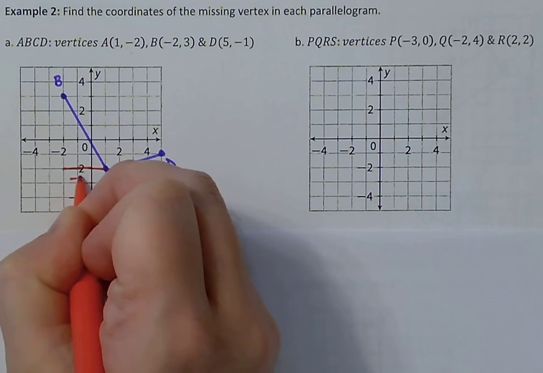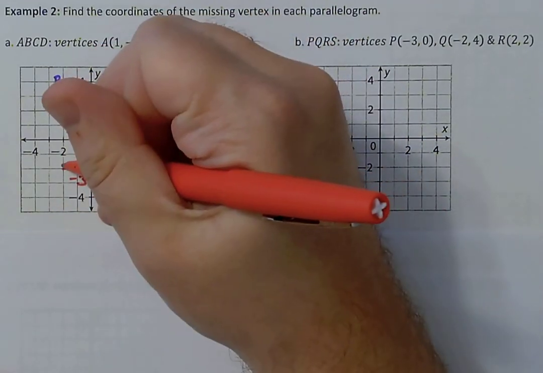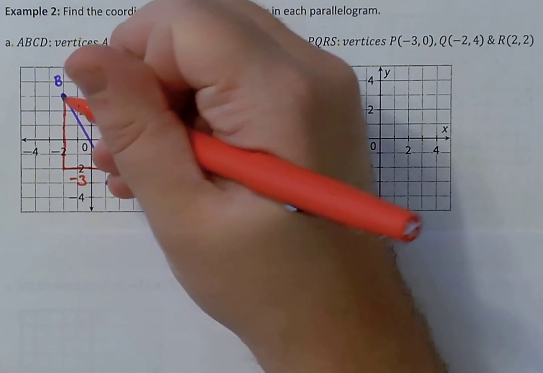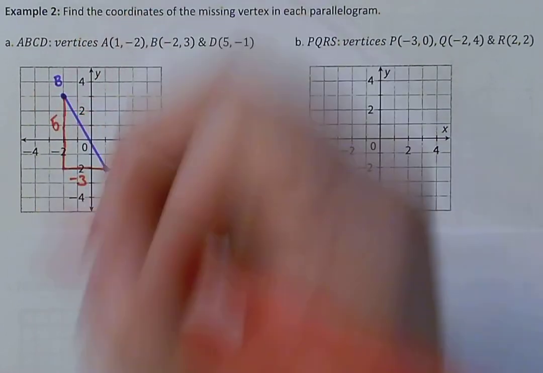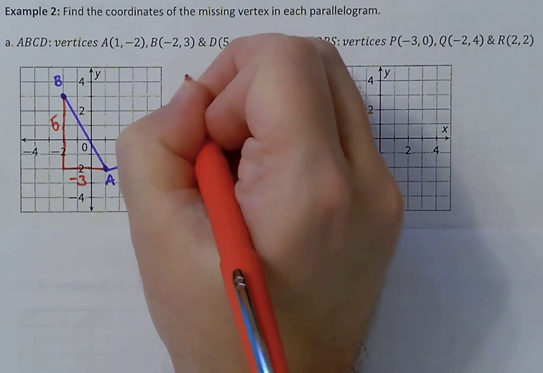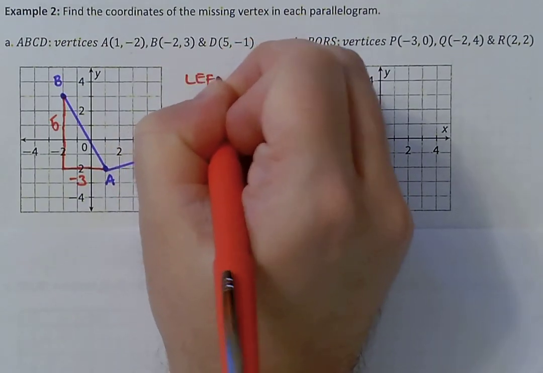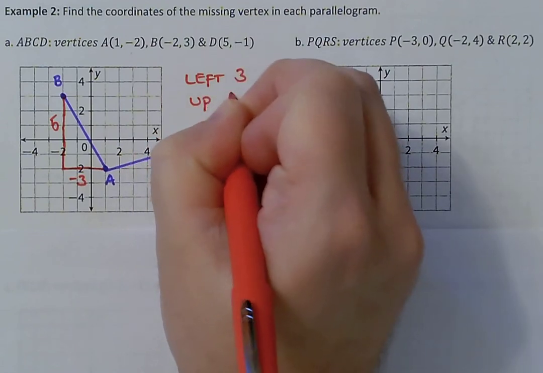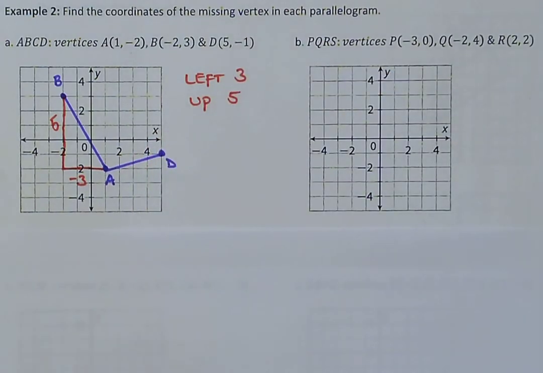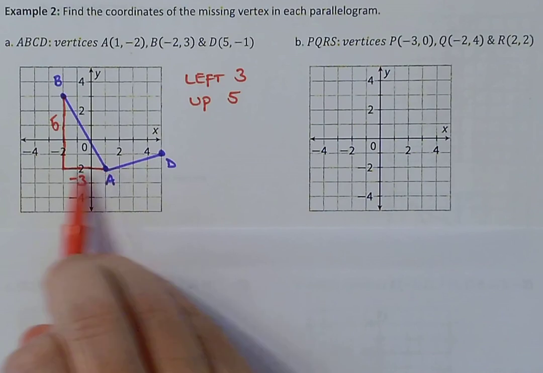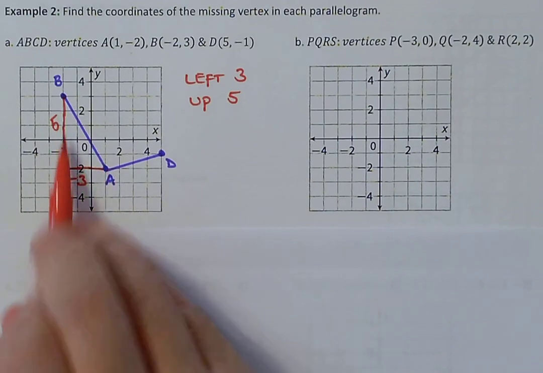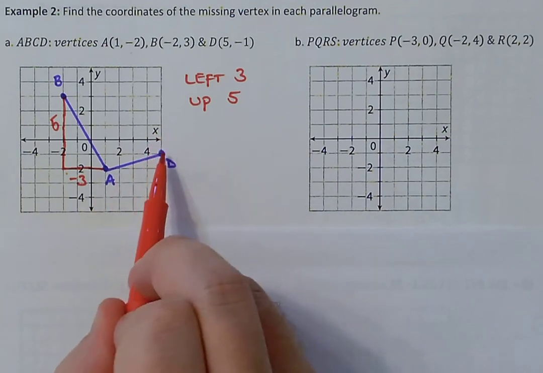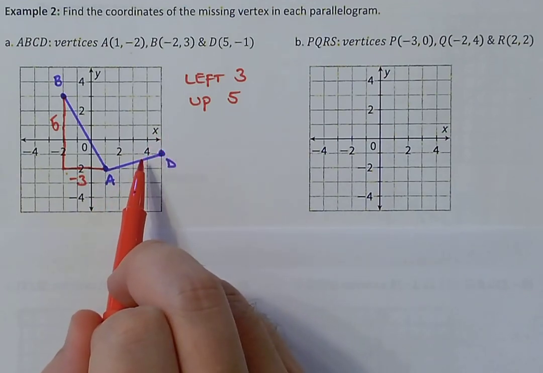So we go to the left 3, and then we're going to go up 1, 2, 3, 4, 5 to get to B. So we went to the left 3 and then up 5. So from A to B, we went back 3 and then up 5. We're going to apply that slope to D to figure out where C resides.